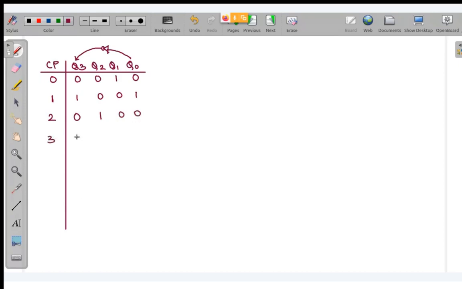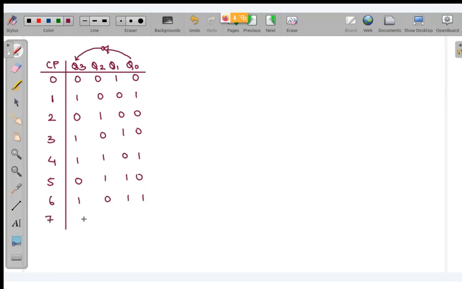In the third clock pulse, this 0 will become 1, remaining bits shift one place. At the fourth clock pulse, this 0 will again become 1, and all the bits shift. In the fifth clock pulse, this will become 0. Sixth clock pulse, this will be, sorry, 1, 0, 1, 1.